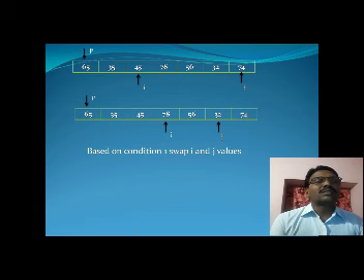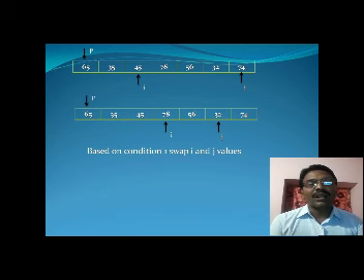i is representing 45 and j is representing 74. Compared with 65, i is a lesser value, so move to the next index. In the same way, j is representing 74, which is greater than the pivot element, so decrease j.